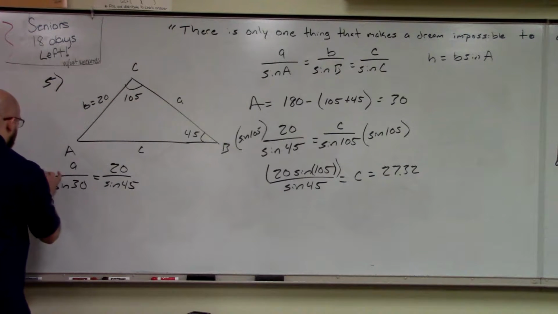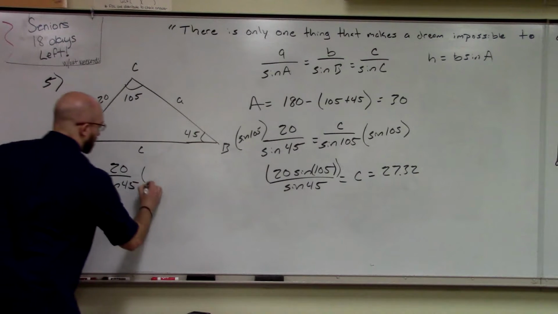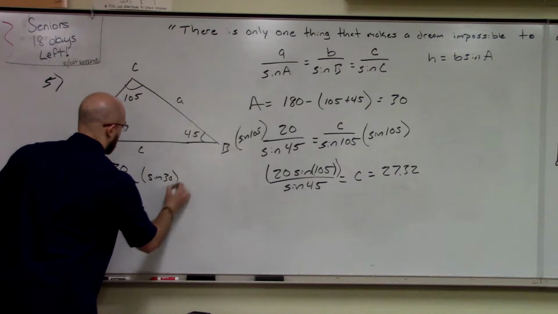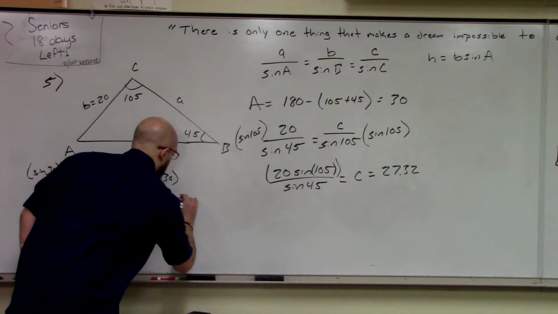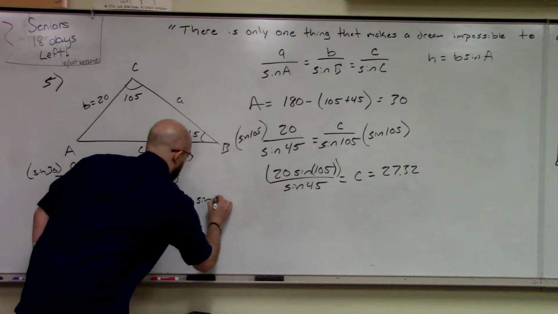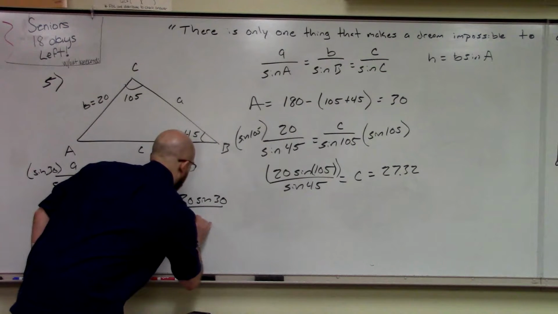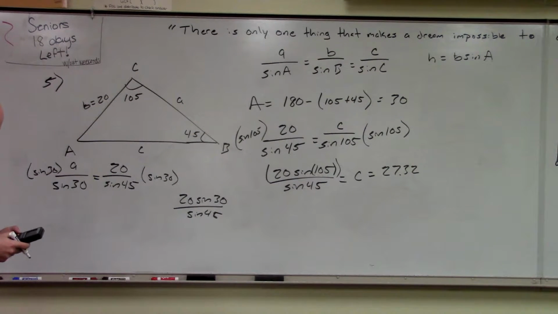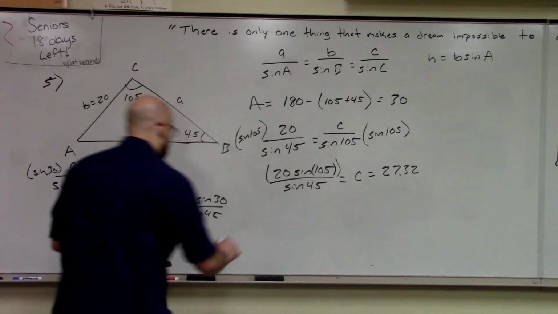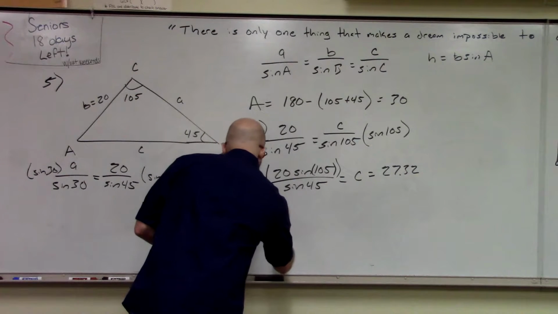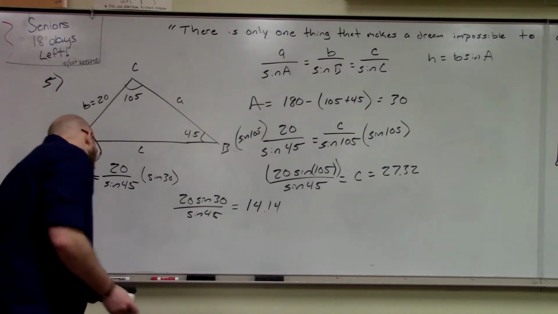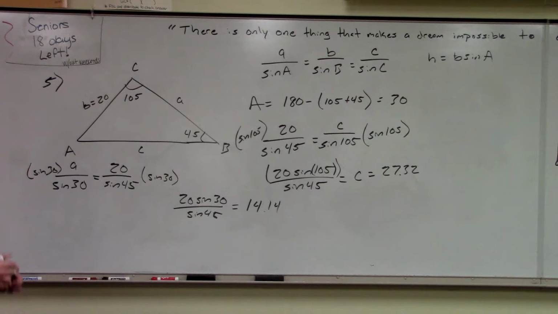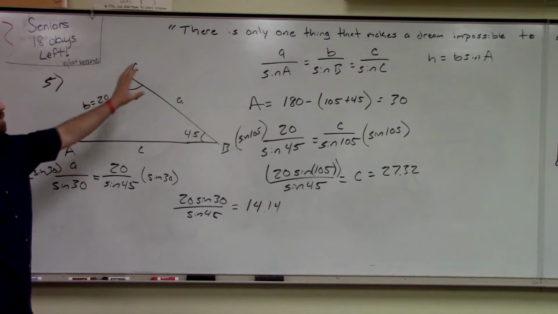Otherwise, sine of 30, top and bottom. So it means we get 20 sine 30 all over sine 45. Plug that in our calculator and we get 14.144. If I check my answer book, exactly what they got. So that's an example of how to do it. A pretty basic one. Given the image, use the formula, go.